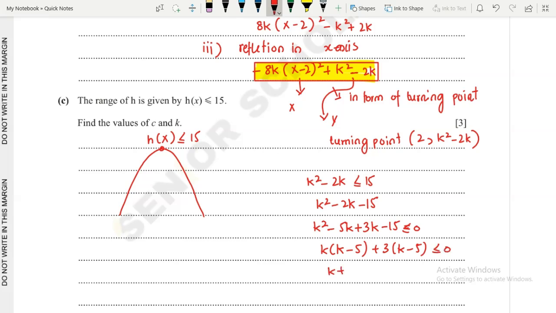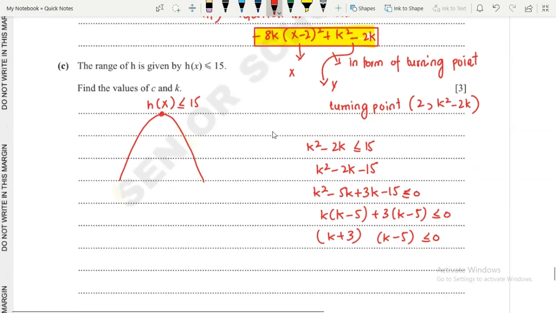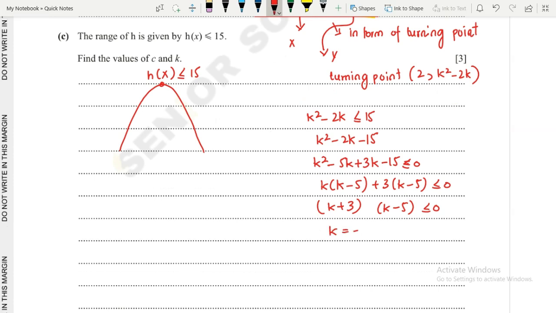So (k plus 3)(k minus 5) is less than equal to 0. Now k will be either minus 3, or k will be either plus 5. If they have told us that it is positive, so k is plus 5.